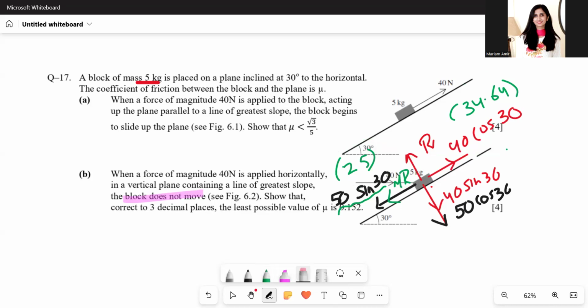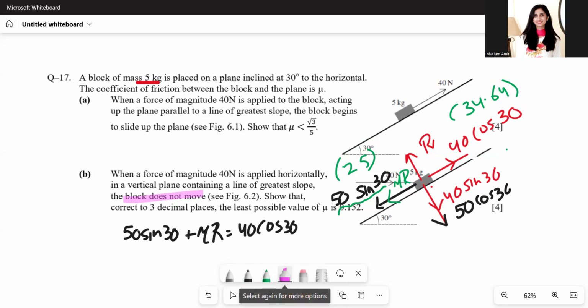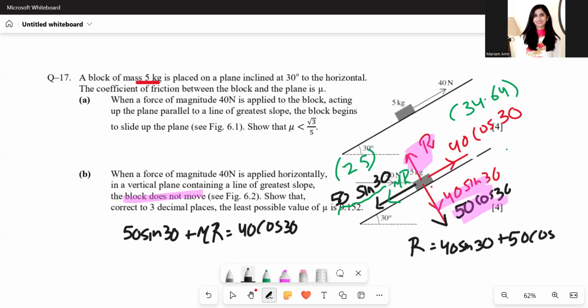Okay, now we'll do 50 sine 30 plus mu times R is equal to 40 cos 30. Let's find the value of R. R is balanced by two forces. So R is equal to 40 sine 30 plus 50 cos 30.